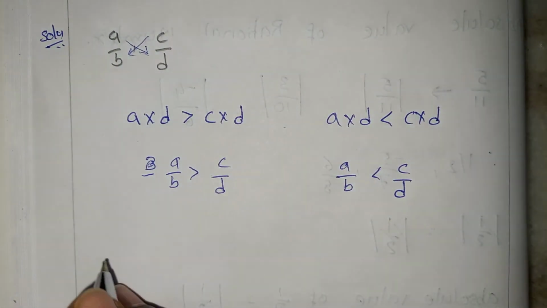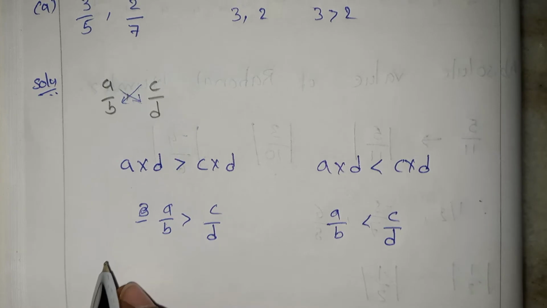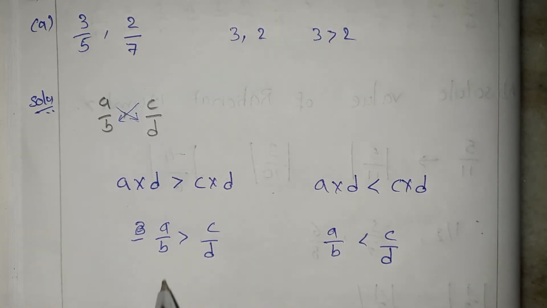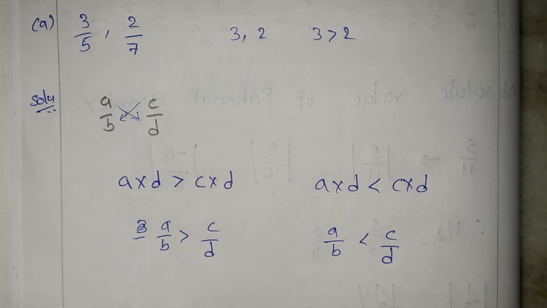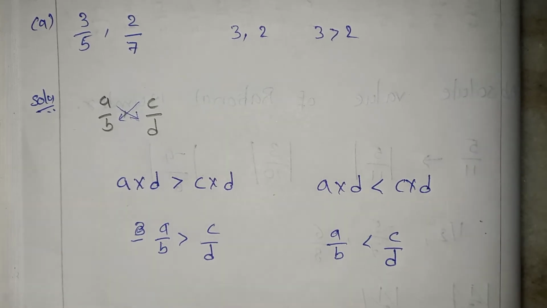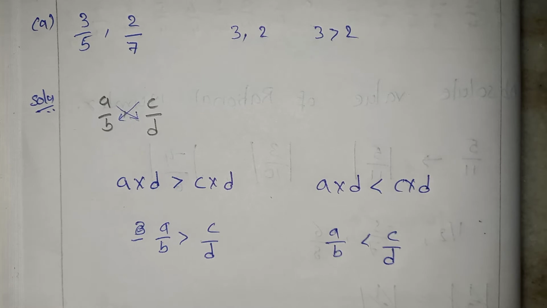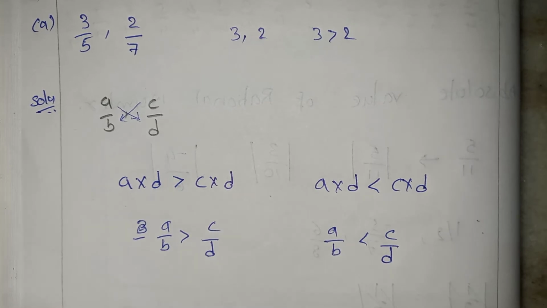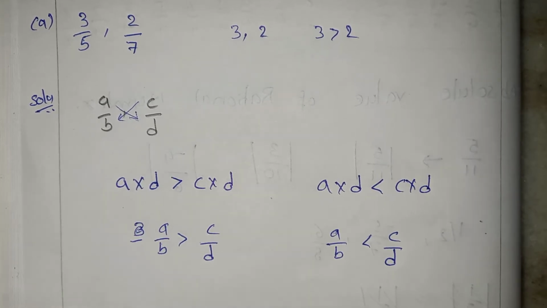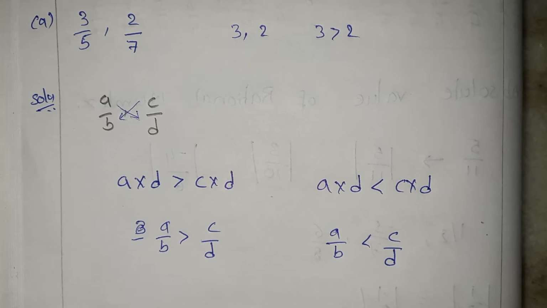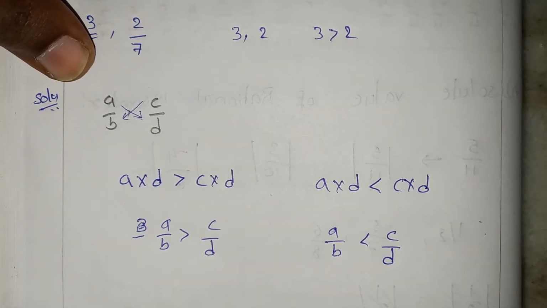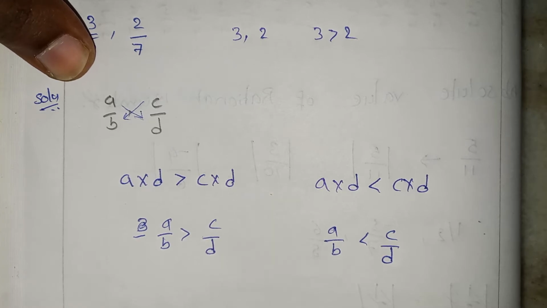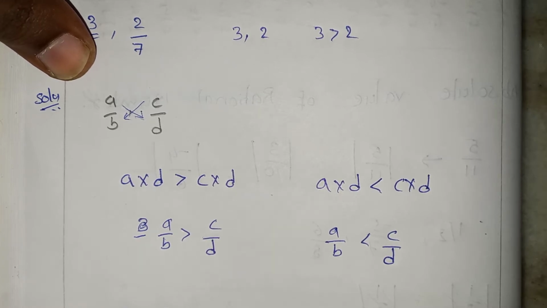Now solve the example. 3 by 5 comma 2 by 7. I am going to use the same formula. So this is in the format A by B and C by D. First A into D: 3 sevens are 21.